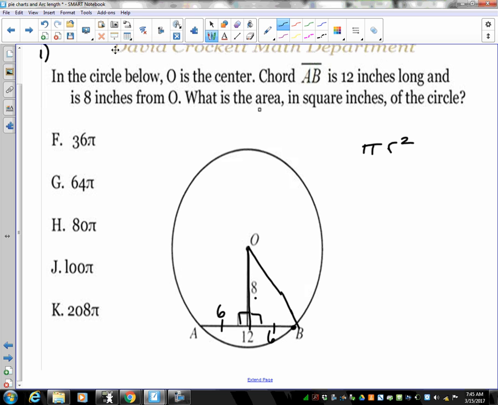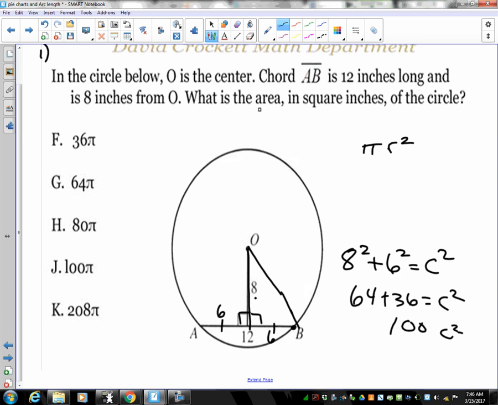So let's use our Pythagorean theorem really quick to find our radius. So this would be 64 and 36, which is 100. And so we take the square root of both sides, so we get plus or minus 10. Now, since it's just a positive measure on a triangle, it would just be positive 10.